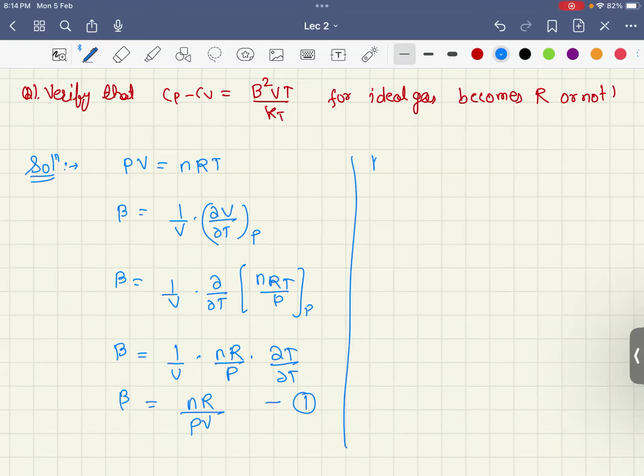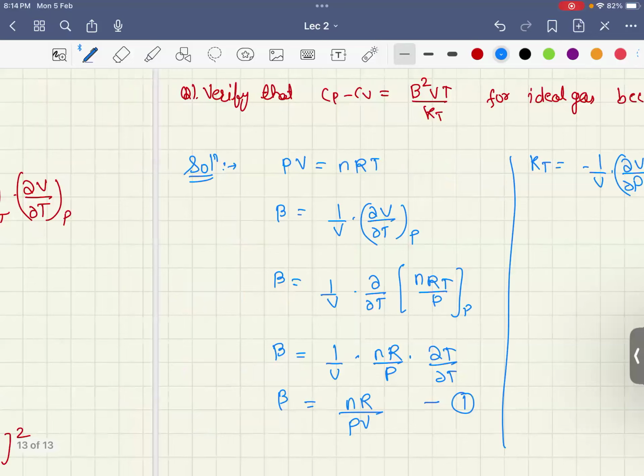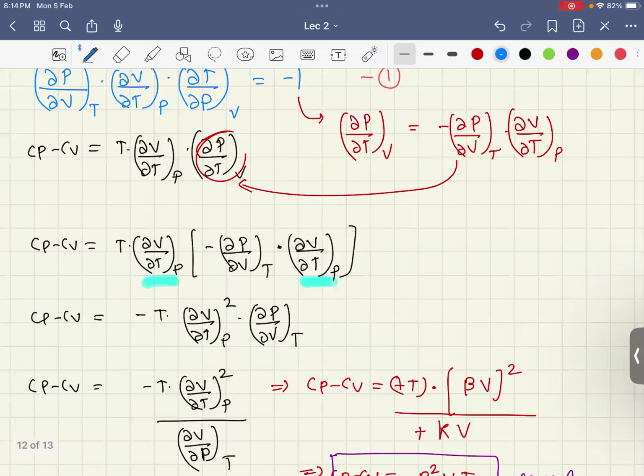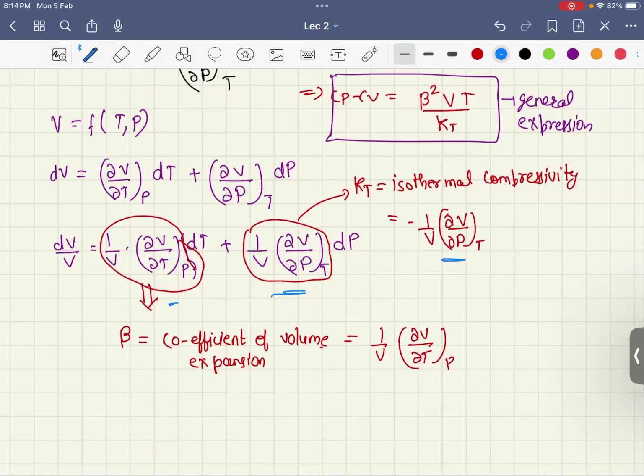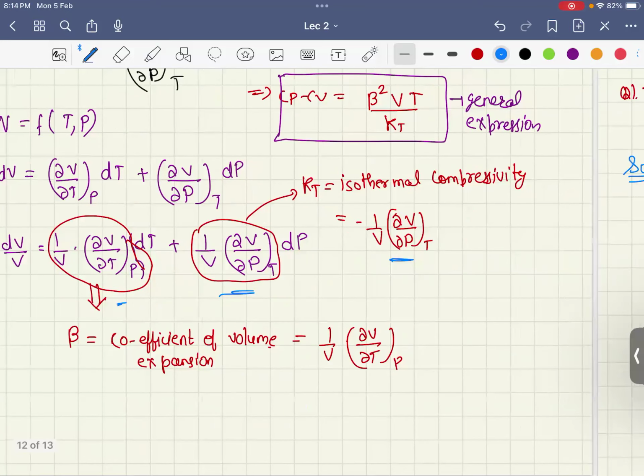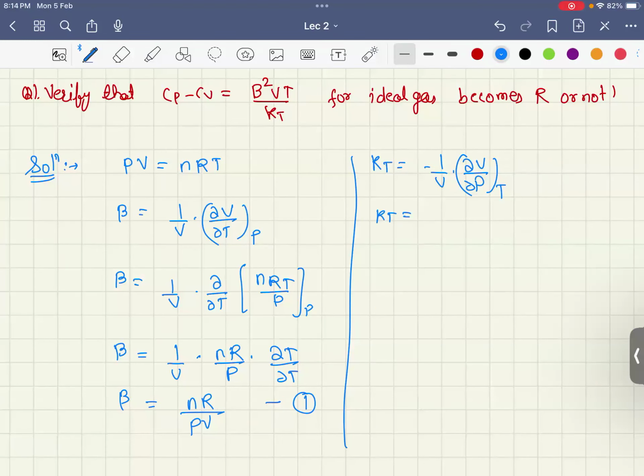Now what is KT? KT is minus 1 by V dou V dou P at constant T. Again, let us do it. KT equals minus 1 by V dou by dou P of the volume, which is nRT by P at constant temperature.